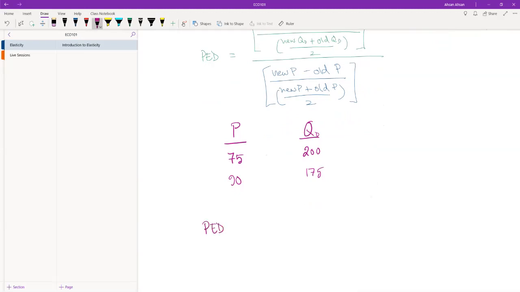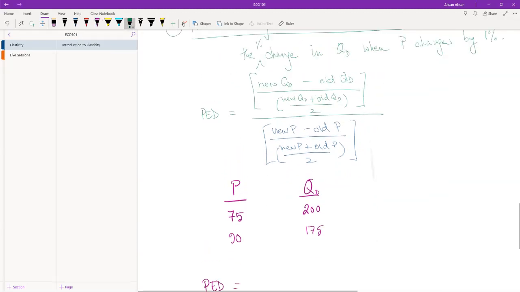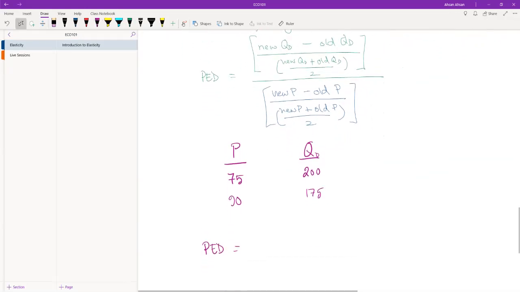That's quite simple. If we use the formula, I'll use the same ink. For the top part, new QD minus old QD, this whole thing is divided by 175 plus 200 divided by 2.